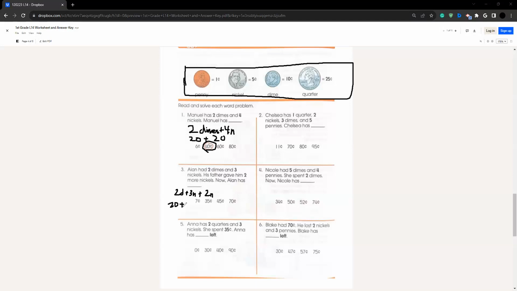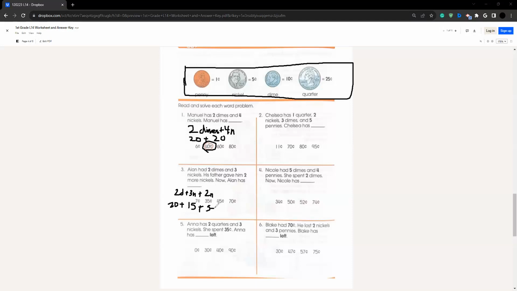Plus, if we have 3 nickels that are worth 5 cents each, we just need to do 5 plus 5 plus 5. 5 plus 5 is 10, plus another 5 is 15. And then 5 plus 5, because he gets 2 more nickels.